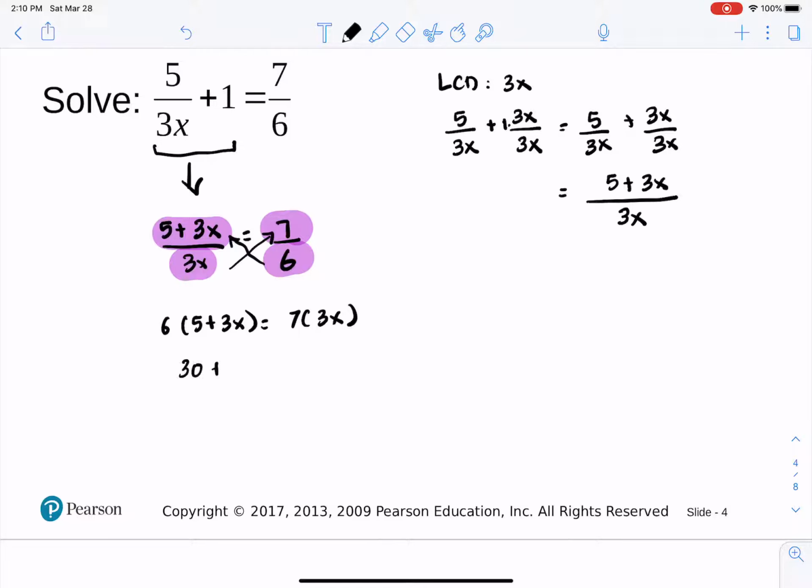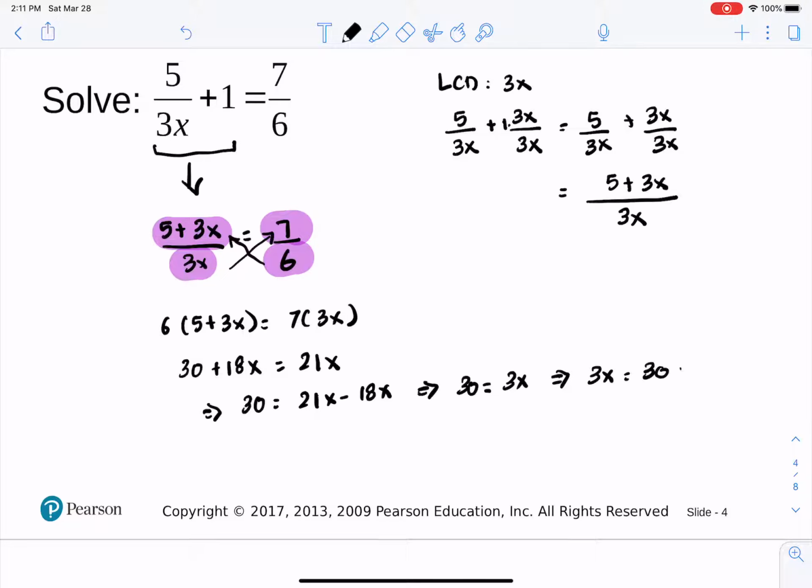We have 30 plus 18x equals 21x. Move all the x's to one side, which would mean 30 would equal 21x minus 18x. 21x minus 18x is 3x. This would imply 3x is equal to 30. X would be 30 over 3, which would mean the solution is x is equal to 10.